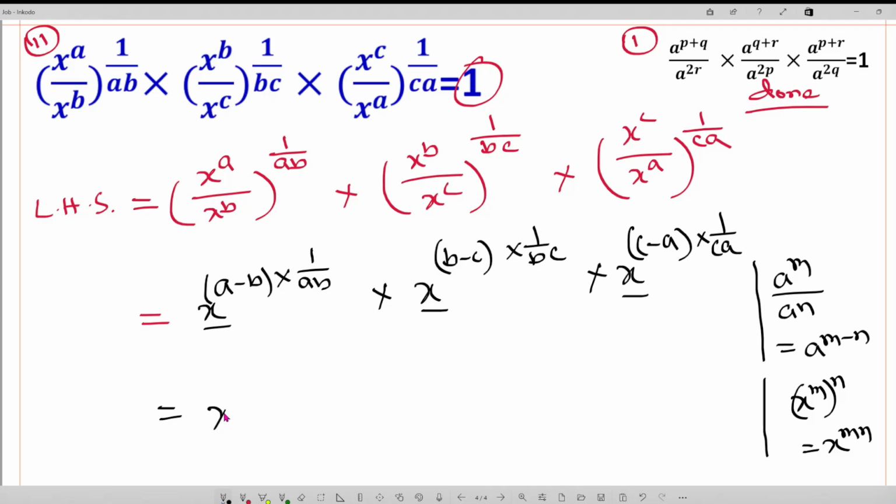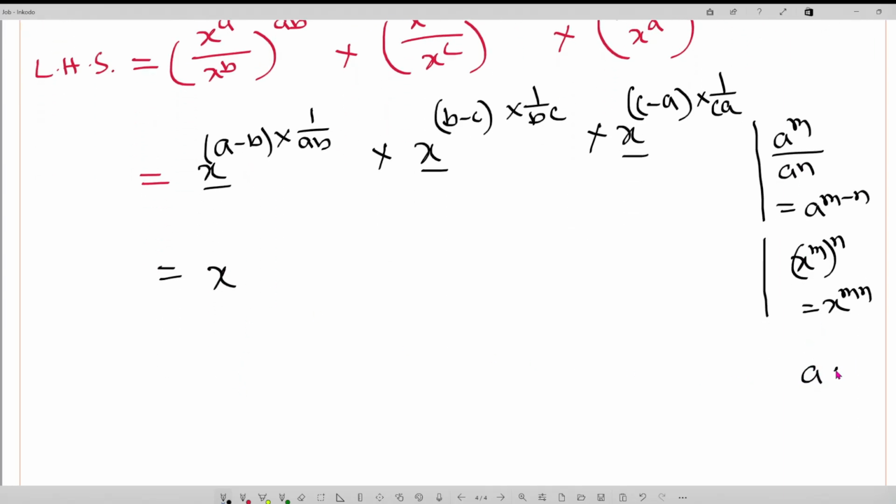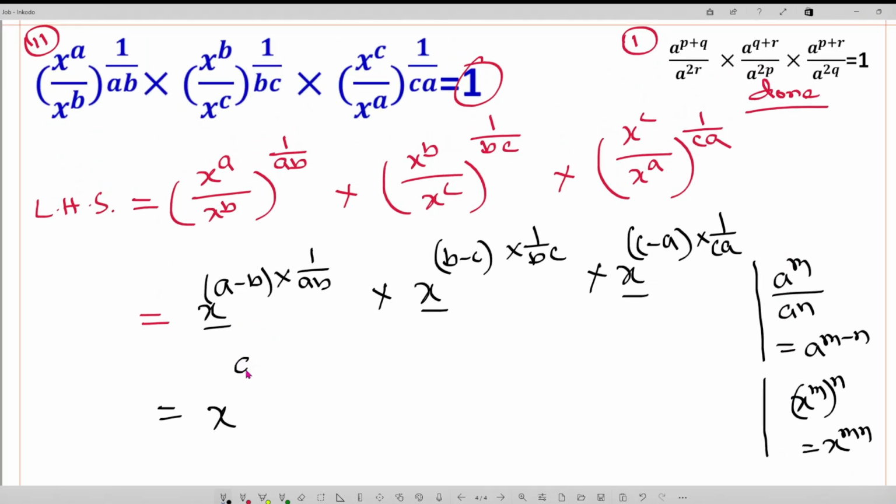So we can write x to the power a minus b divided by ab, plus b minus c divided by bc, plus c minus a divided by ca.